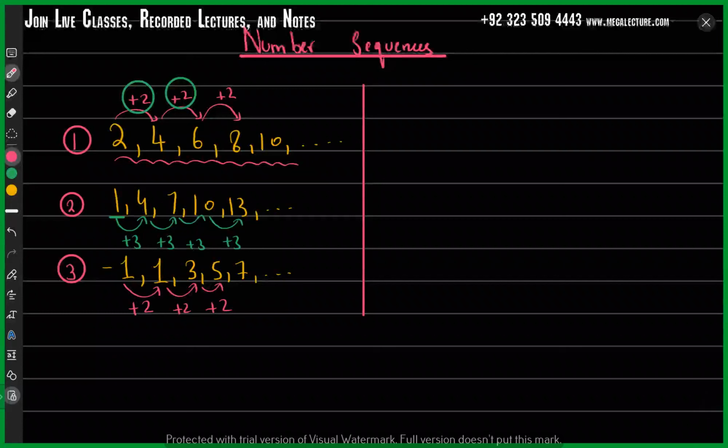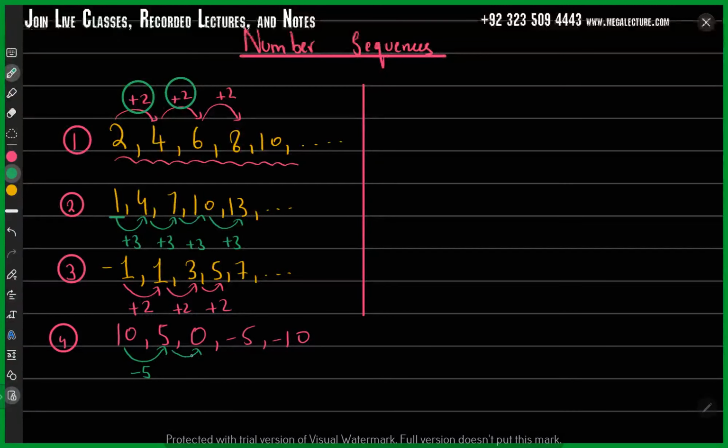Let's talk about one last sequence over here on this side. Let's say we have 10, 5, 0, -5, -10. Now what's happening? Again, there is some specific pattern, but this time I'm going from 10 to 5 not by adding something, but by subtracting something.